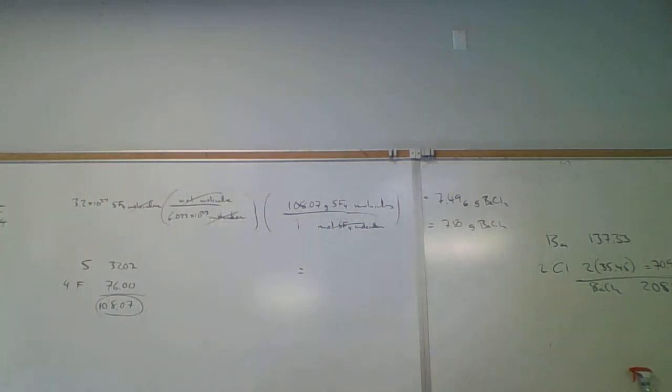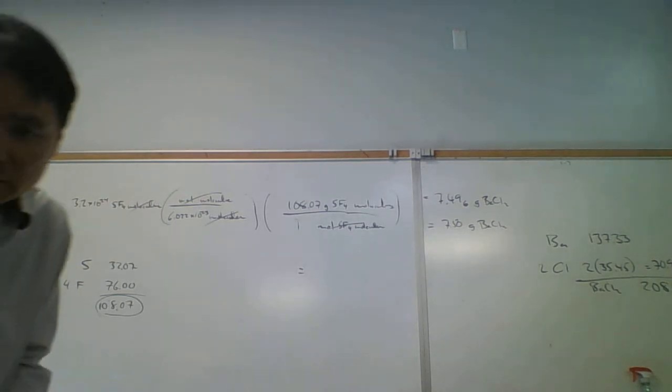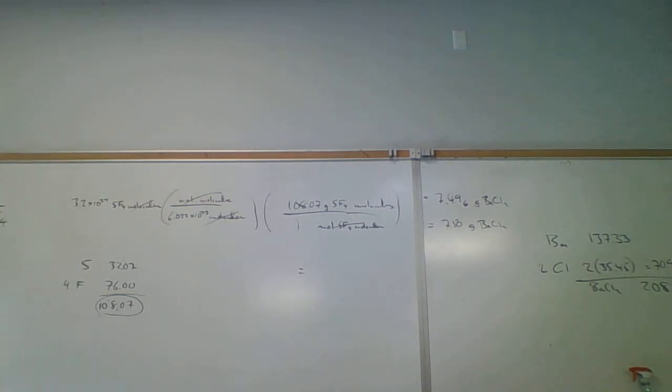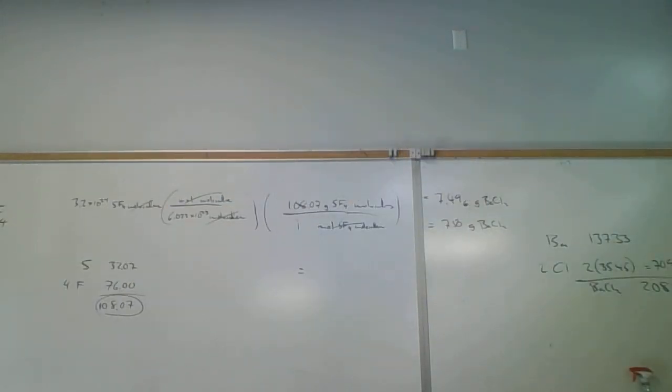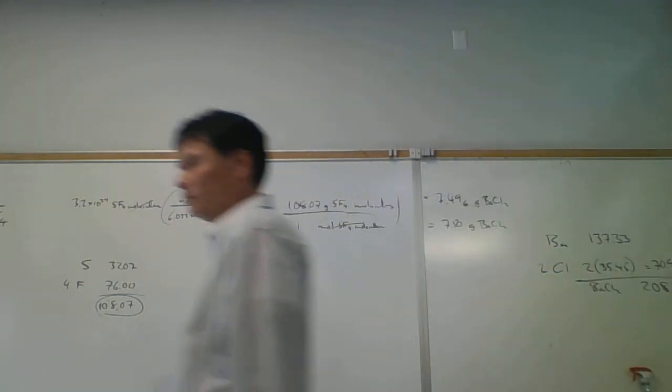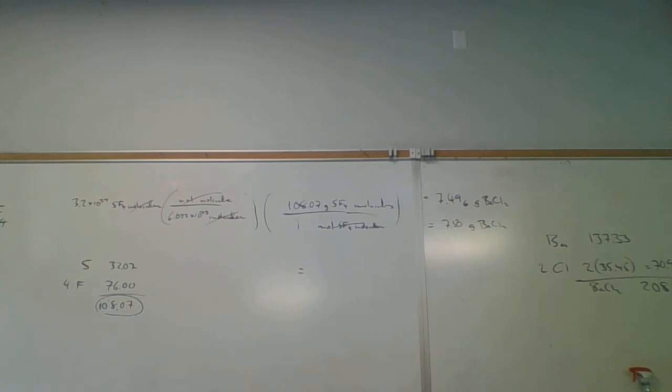Let's figure out how many grams we got here. Well, let's see their numbers here. The difference is they're using 32.06 for sulfur. We use 32.07 for sulfur. And so their number is slightly off from ours, so I'm going to go ahead and calculate it then.